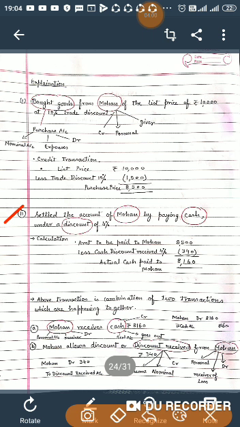If you look at this transaction, it combines two transactions. One is Mohan receiving cash, and at the same time Mohan allows discount, or you can say discount received from Mohan.